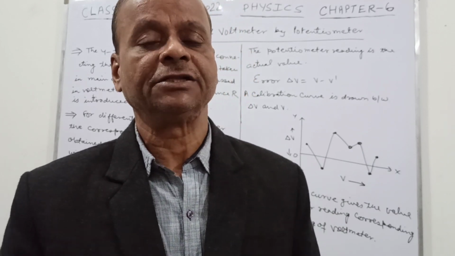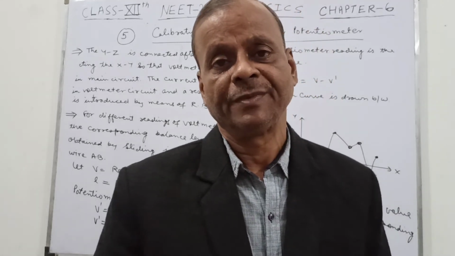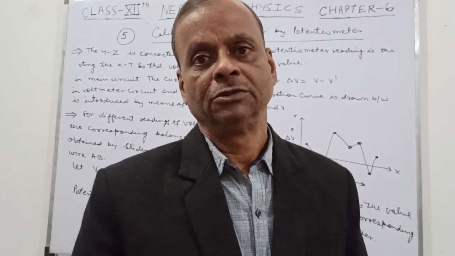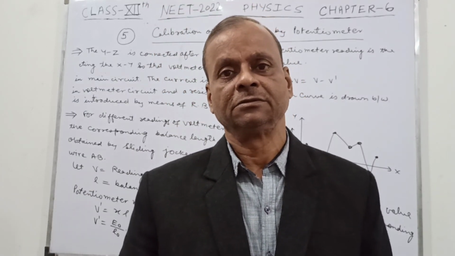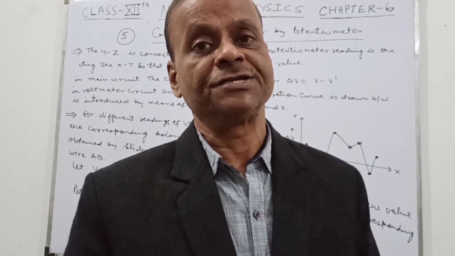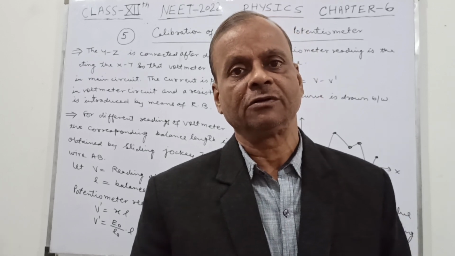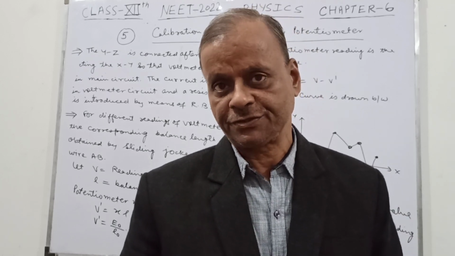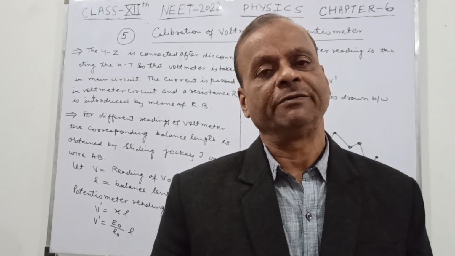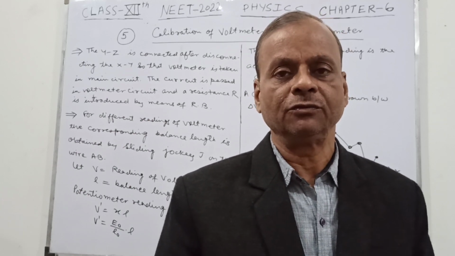I have told you that the potentiometer is used for calibration because it is an ideal instrument which gives correct readings, and it is also a very sensitive instrument for the measurement of very small potential differences or the EMF of cells. So this is about the calibration of the voltmeter. Thank you very much.